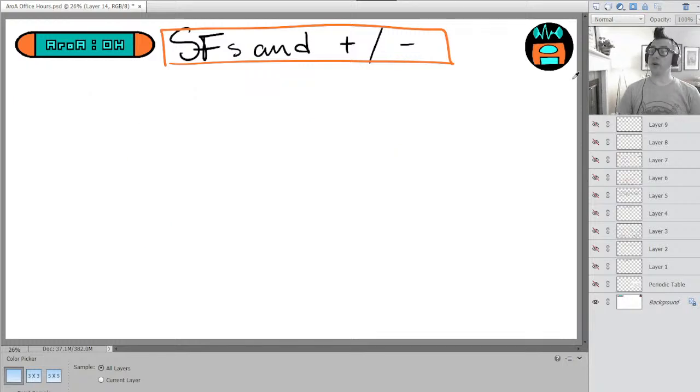All right, so we're going to transition into looking at how to apply the rules for significant figures and how to preserve sig figs as we do mathematical operations, specifically addition and subtraction, as well as multiplication and division.